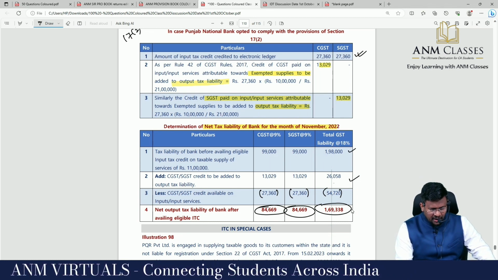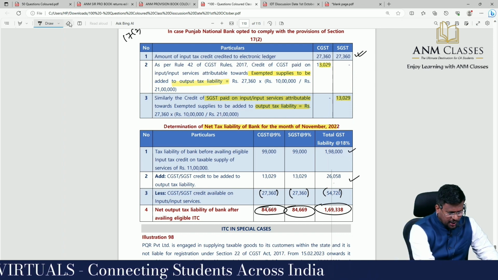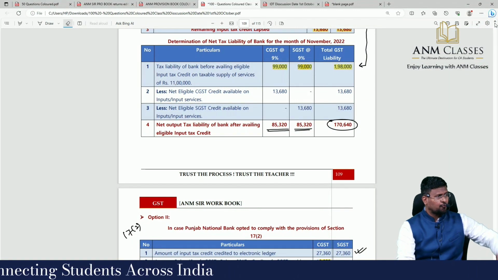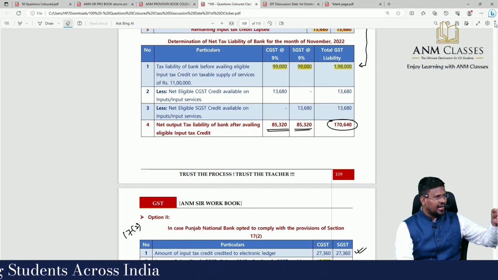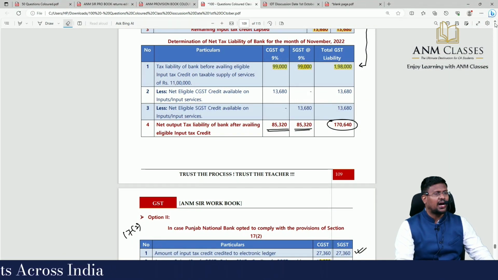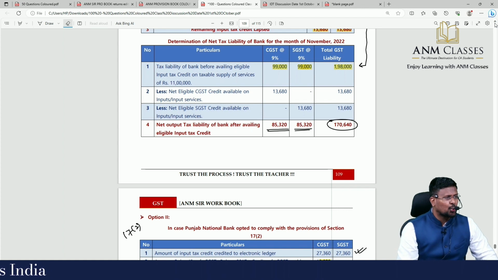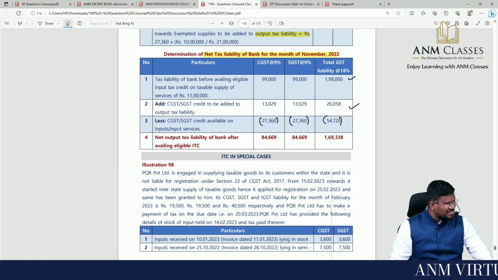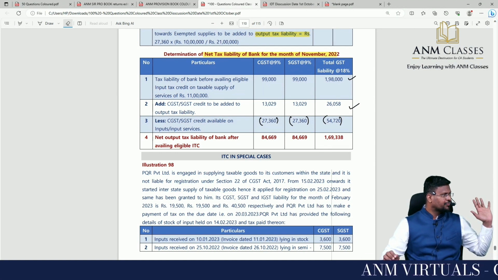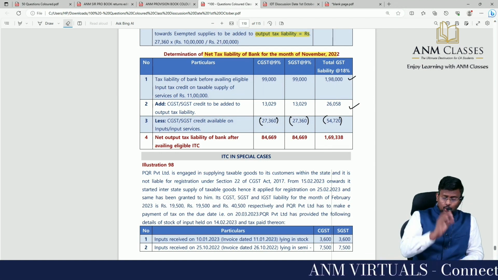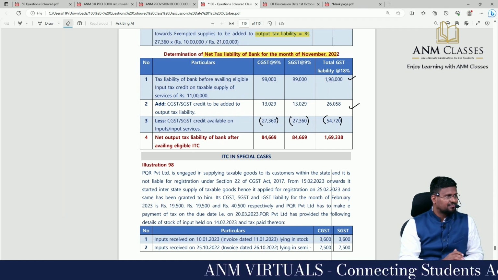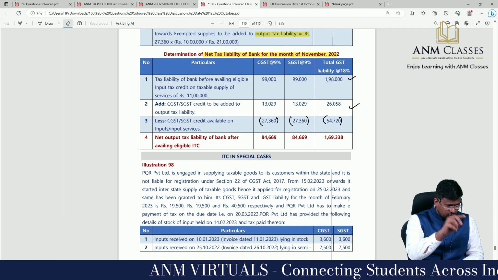So if I go by the 17(2) route, my liability is 1,69,000. If I go by the 17(4) route, my liability is 1,70,000. So my normal 17(2) route GST liability is less compared to 17(4). So don't adopt the 17(4) route for this month. Check for next month.